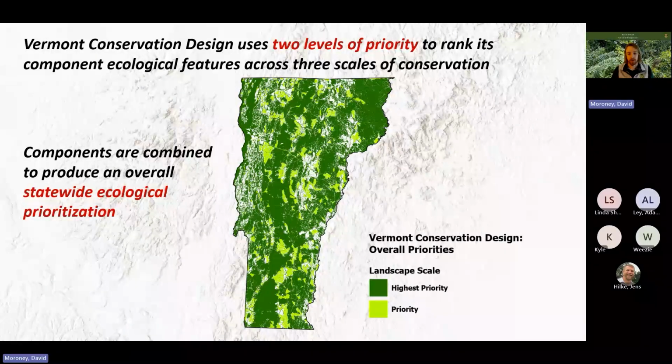So highest priority is generally telling us, okay, this feature is contributing the most to meeting whatever particular key function we're discussing. So this feature is contributing the most to connectivity on a statewide scale. That's a highest priority feature. On the other hand, priority features tend to be serving supporting roles.